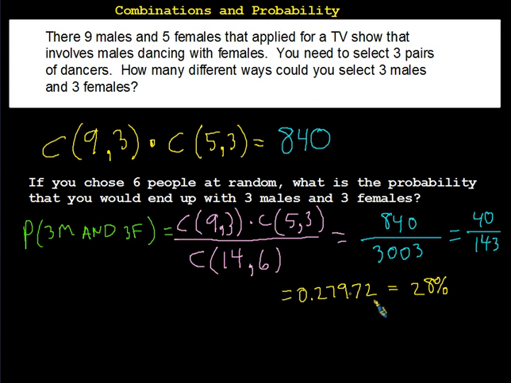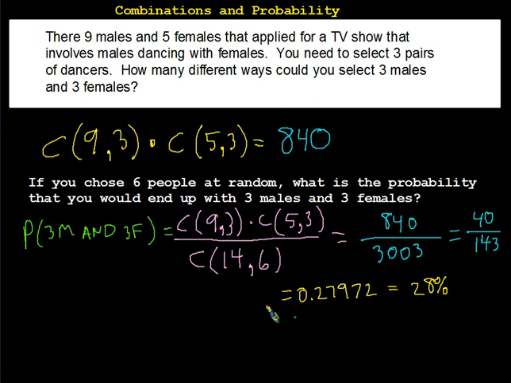So kind of interesting. 33.3% would be 1/3, and so it's almost a 1/3 chance that if we just pick 6 people at random, we'd get 3 females and 3 males. Anyways, let's take a look at another problem. This was a warmer upper for one that might be just a little bit more interesting than this one.